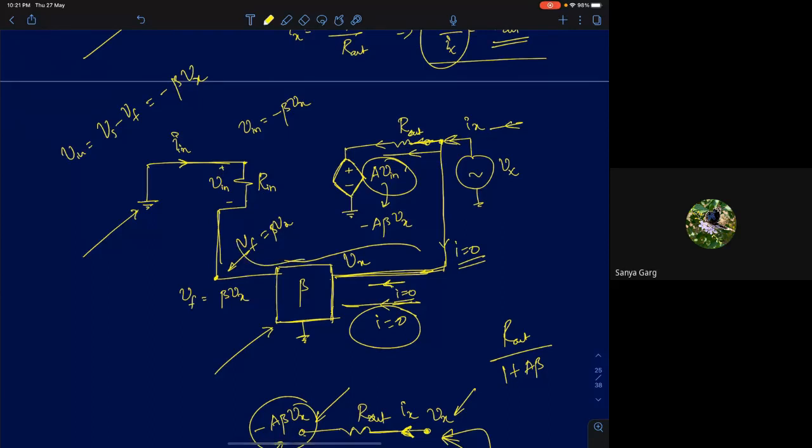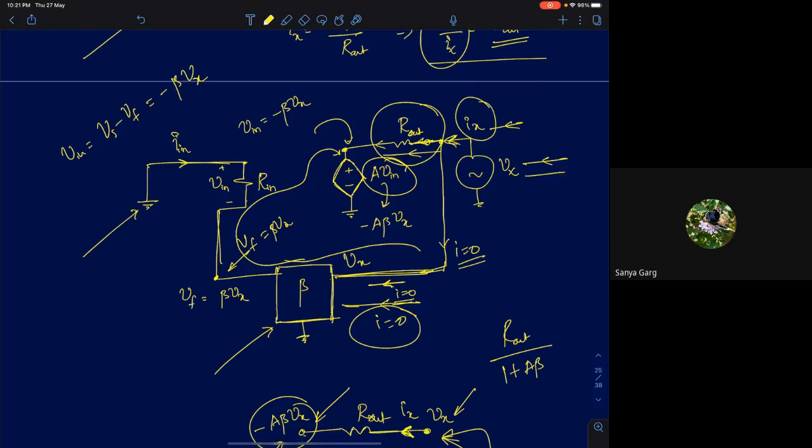So some voltage will be fed back, and since it's negative feedback, the voltage appearing at the other terminal will be a negative of the input voltage. Therefore it's going to look like a huge voltage appearing across R out. Since the voltage is very large, the current that's being drawn out will also become significantly larger compared to open loop.